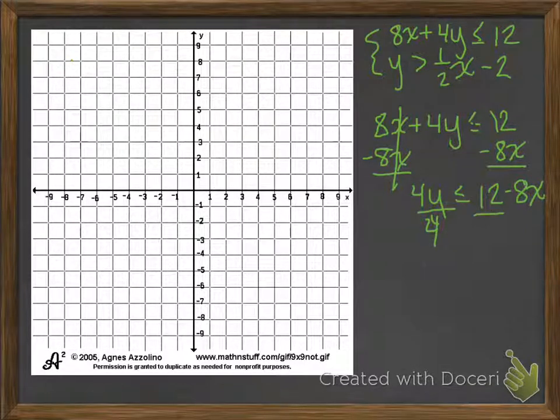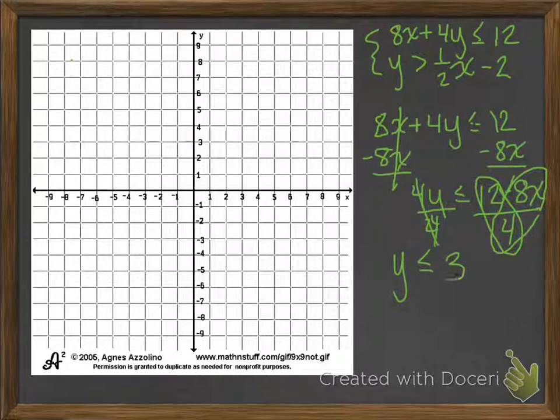And remember, when we divide by 4, we need to do both the 12 and the negative 8x divided by 4. So we've got y left over, and 12 divided by 4 equals 3, and negative 8 divided by 4 equals negative 2.